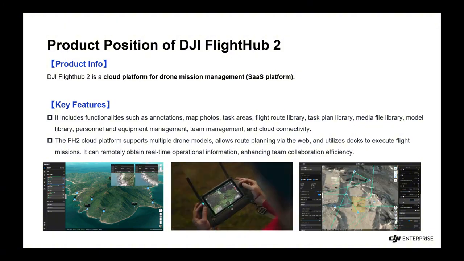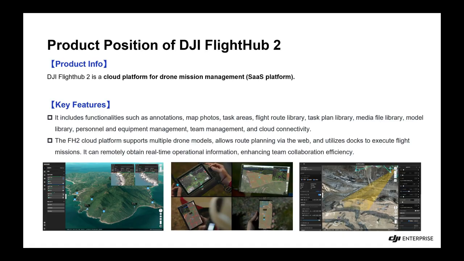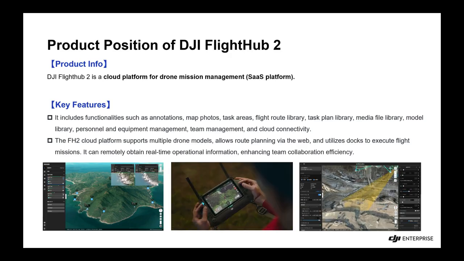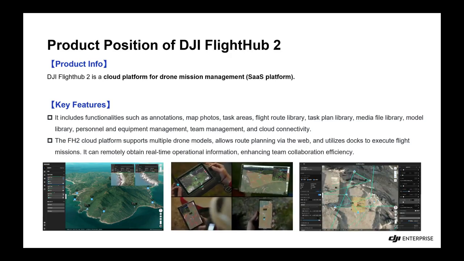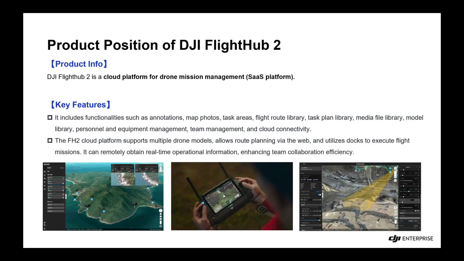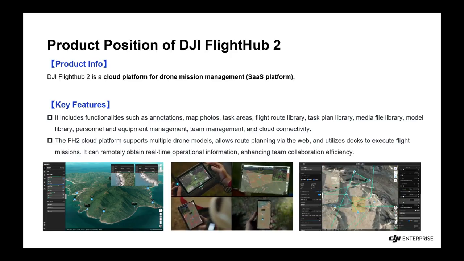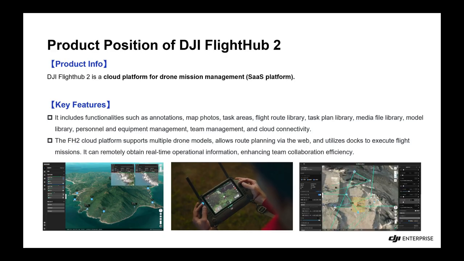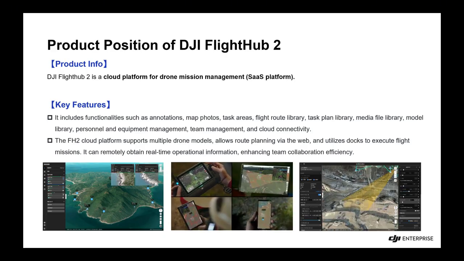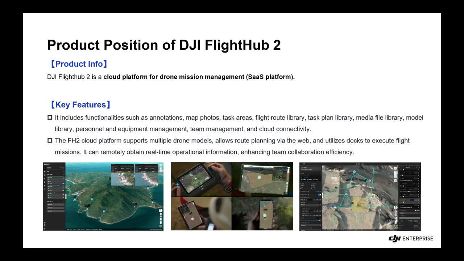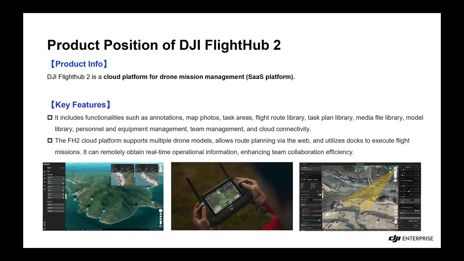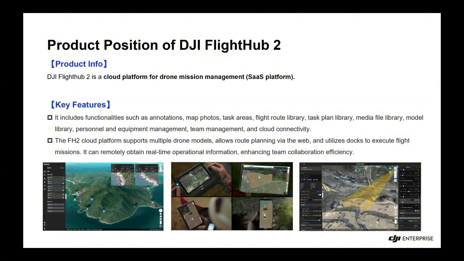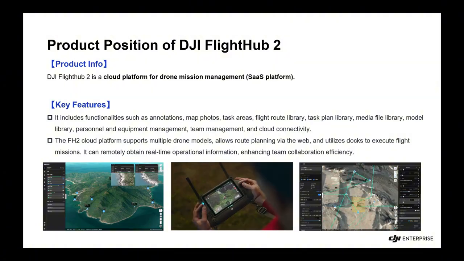That pilot, using the DJI Pilot app, gets that information in real time, and this enhances ground team efficiency a lot. The ground team can also capture data, such as mapping data, and transmit it to the FlightHub 2 platform, creating back and forth communication between the command center and the ground team.